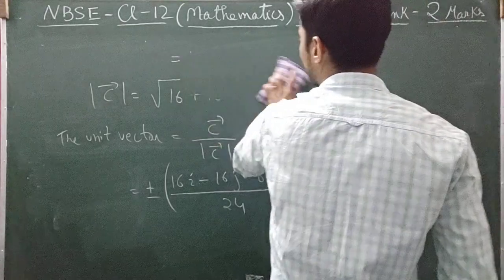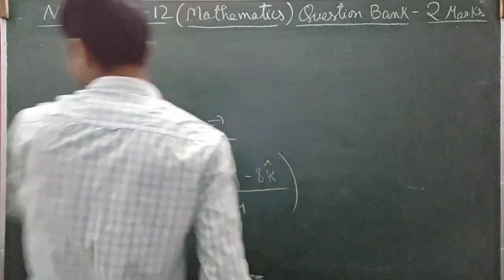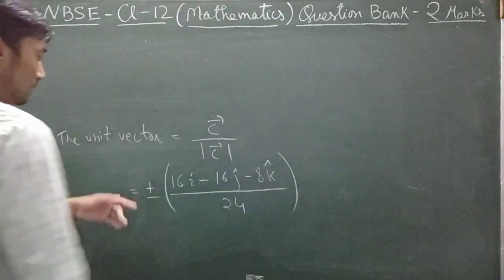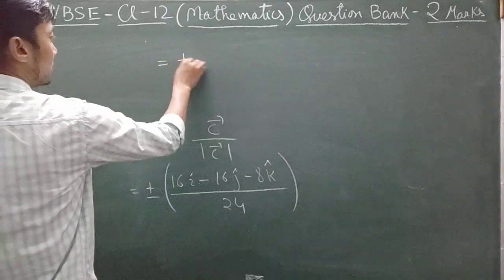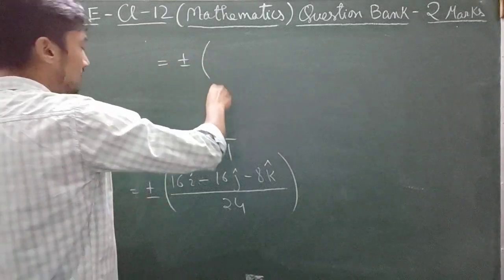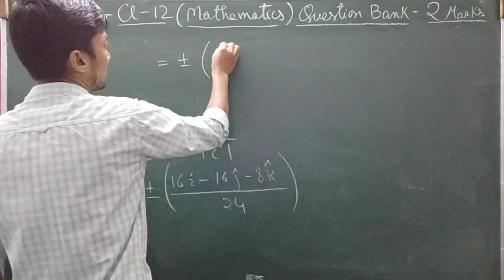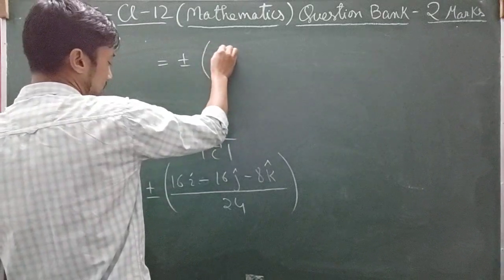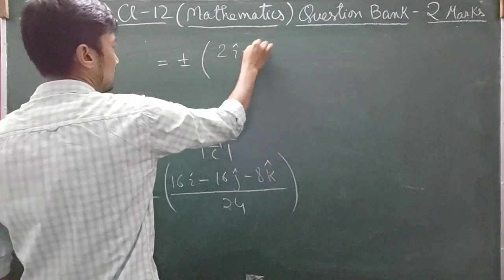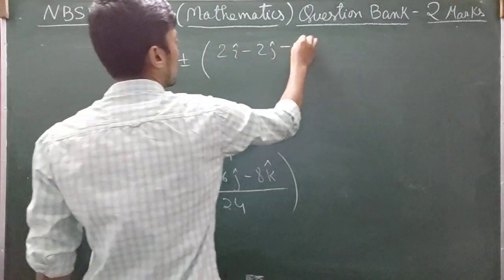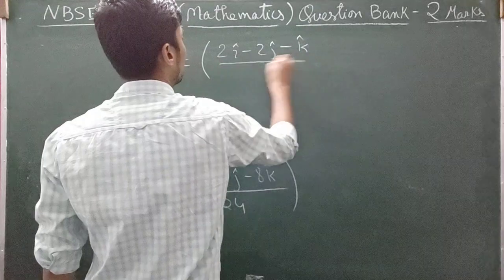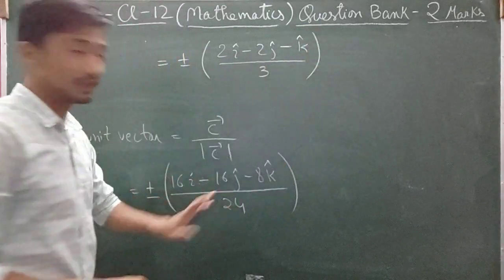As I repeat again, a perpendicular can have two directions on a plane. So that will be plus or minus. We're taking 8 common. Two i minus 2j minus k upon 3. 8 3s are 24.